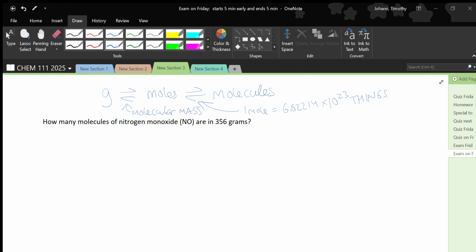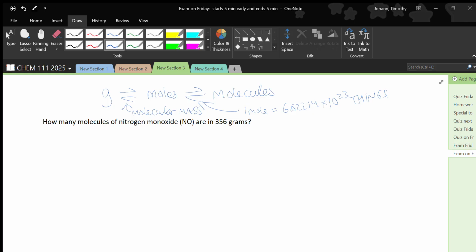Yes. That would be grams per mole. That's grams per mole, and you can also think about it as grams equals 1 mole. And that's how you're going to use it as a conversion factor. So is that what would be it? Right? So grams is your 356 grams. That's how many you're given. And this is your conversion factor you're going to use to get from grams to moles.